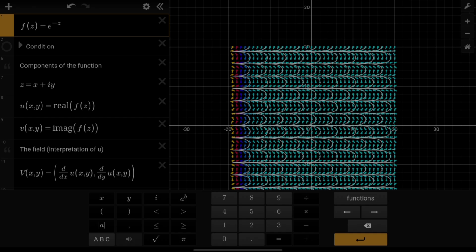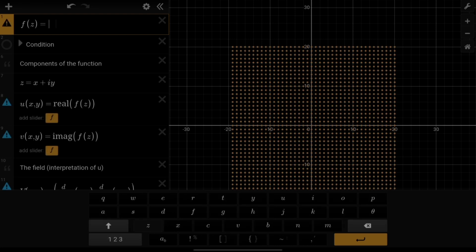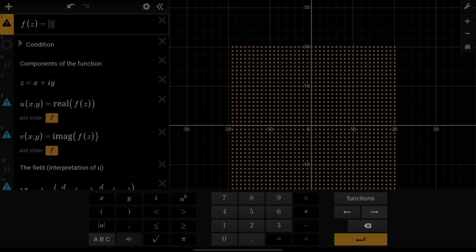Okay, what might we want to test next? We might test something like a non-analytic function and see what happens here. So let's take the absolute value of that, and it looks like that. As you can see, it also is very messed up, because the absolute value of that is not analytic.